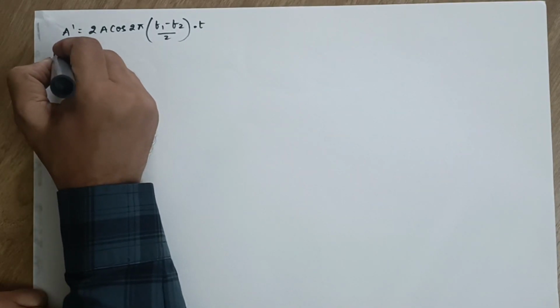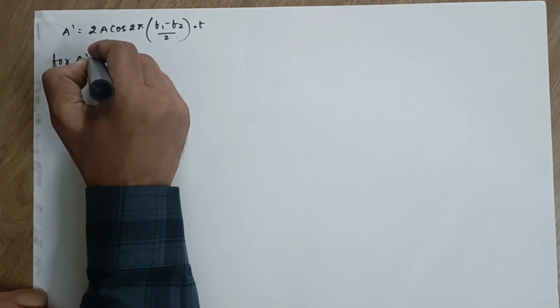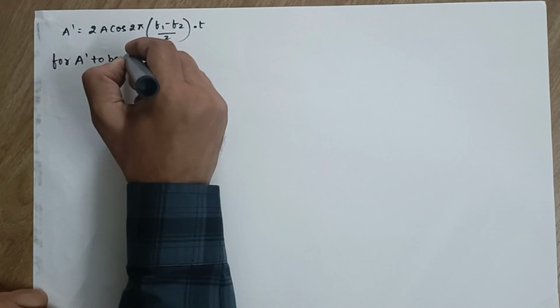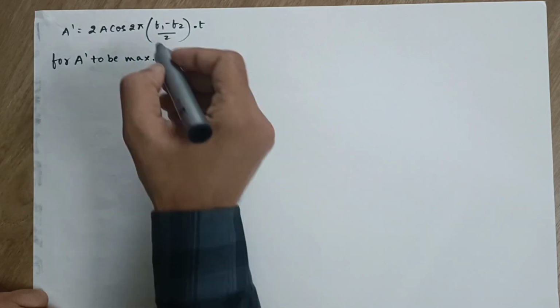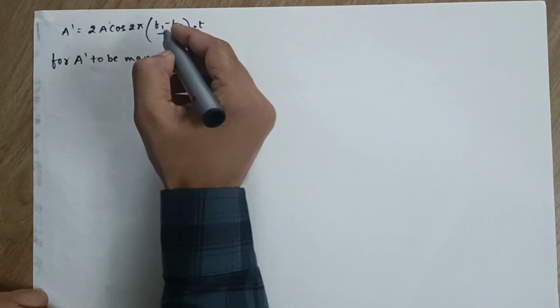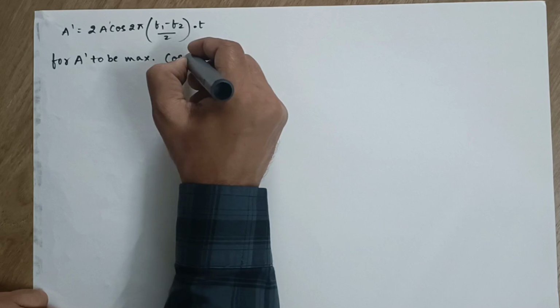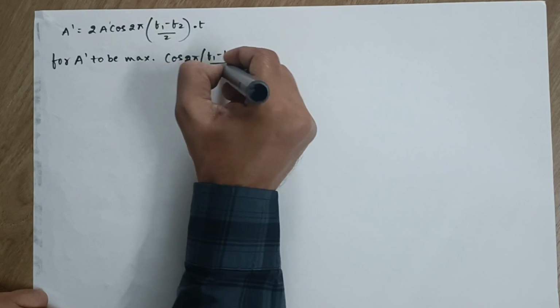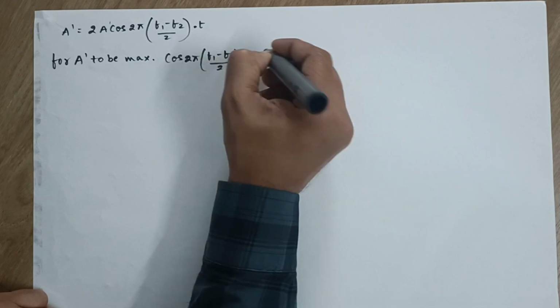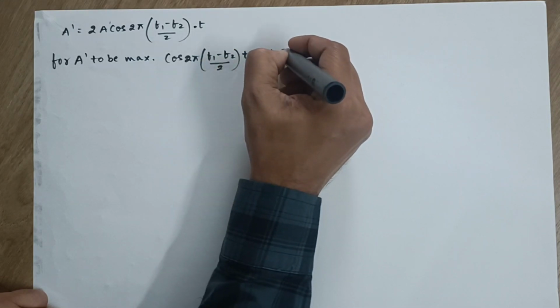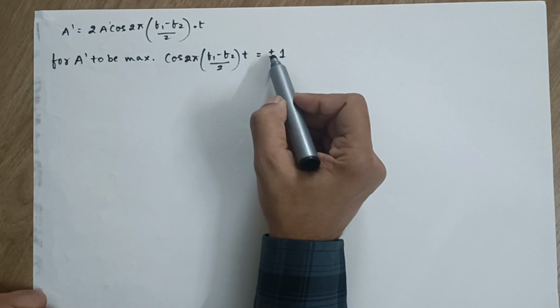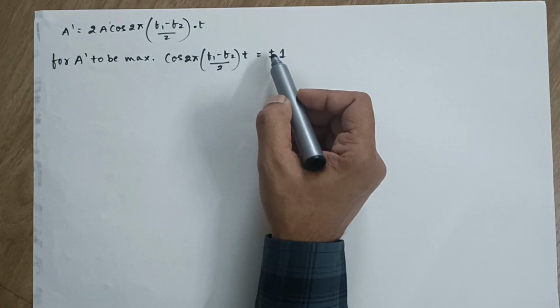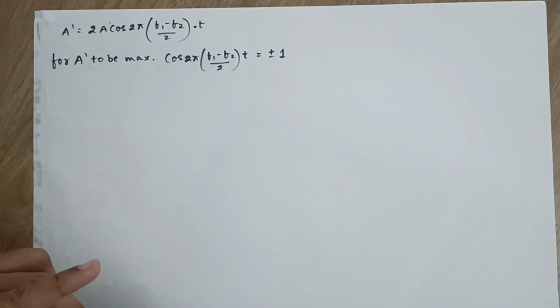So for amplitude A dash to be maximum, this entire cos part should be 1. That means cos of 2 pi (f1 minus f2)/2 times t should be equal to either plus 1 or minus 1. See, in physics, minus 1 doesn't mean minimum. It means maximum in the opposite direction, right?